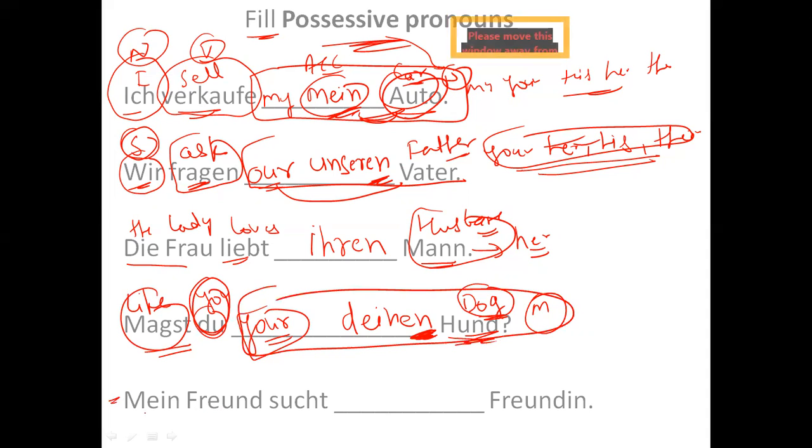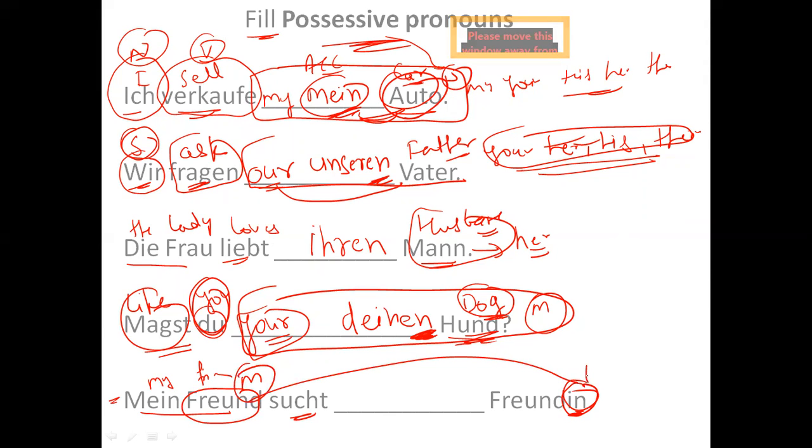Last sentence for you, it says mein Freund, my friend, sucht is searching for, looking for, Freundin, female friend, right? Freund, see the difference between Freund and Freundin. This is male friend, this is female friend. So my friend is searching for his friend. Now I need to follow the table of his, right?